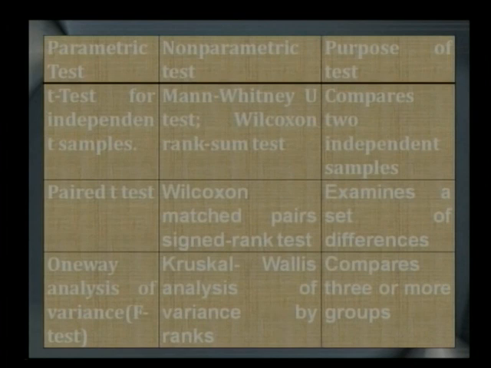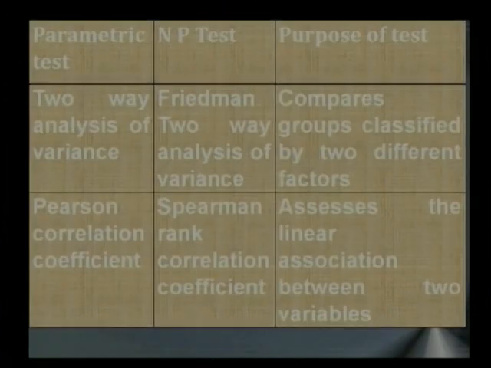Next, if we want to know the variability between the observations, then in the parametric test we apply one-way analysis of variance, which is the F-test. Similarly, in the non-parametric test we apply the Kruskal-Wallis analysis of variance by rank. Both of these compare three or more groups.